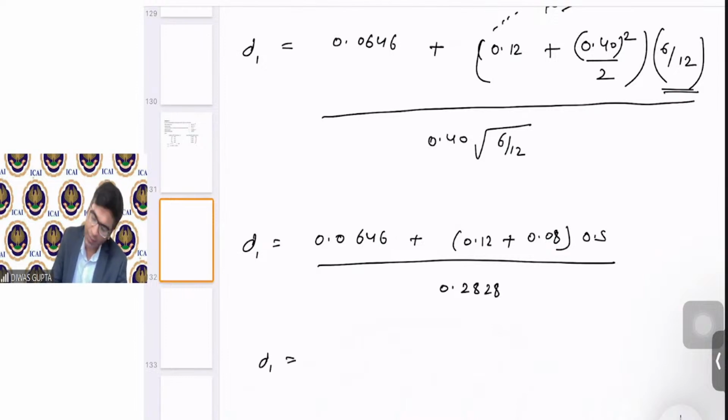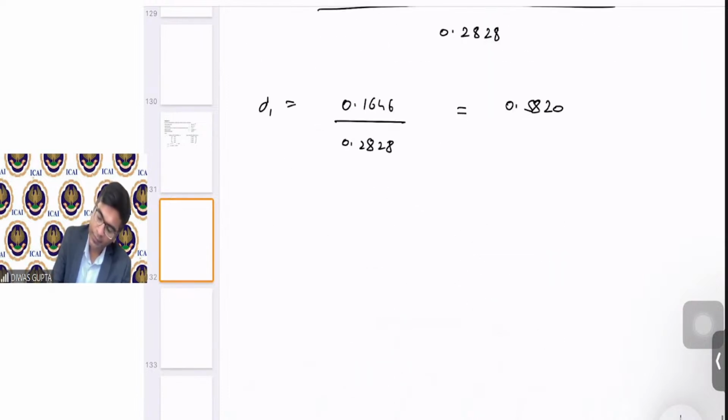So D1 becomes 0.1646 divided by 0.2828, which is equal to 0.5820, students. D1 is equal to 0.5820.